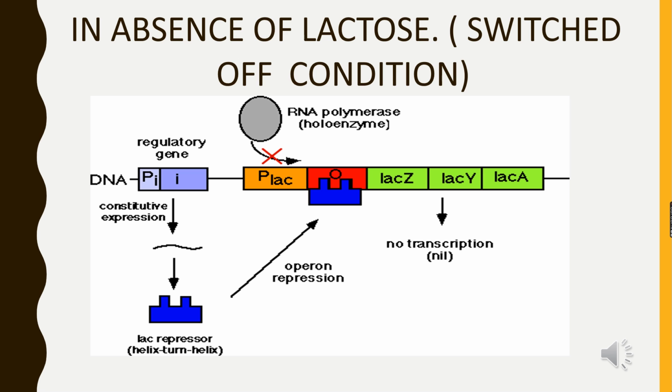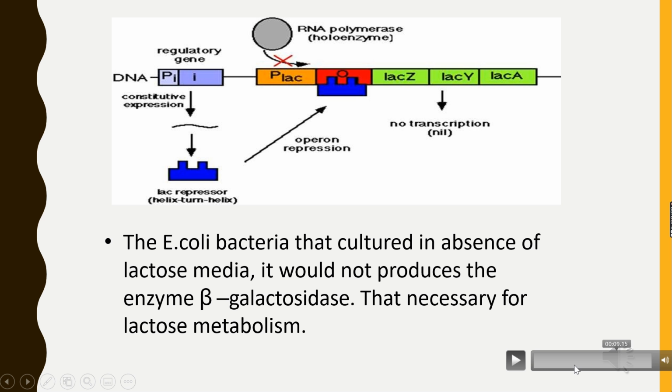The operon is switched off when the repressor protein produced by the regulatory gene binds to the operator gene. RNA polymerase gets blocked, so there would be no transcription. In this way, Escherichia coli bacteria cultured in the absence of lactose in the medium would not be able to produce the enzyme beta-galactosidase, which is necessary for lactose metabolism.